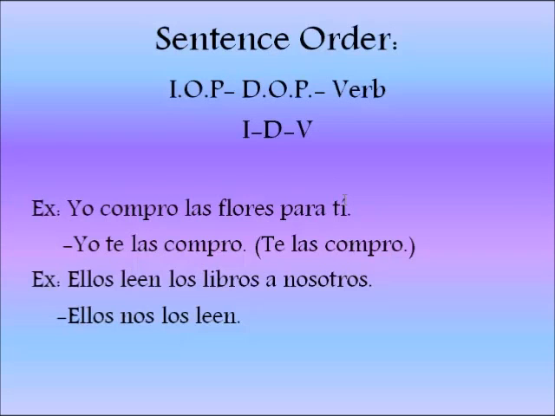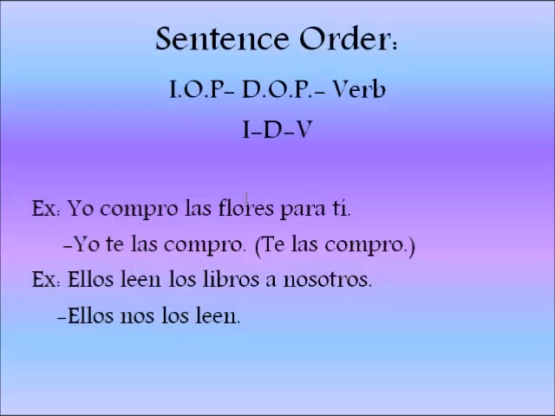So let's talk about that. If we had to have our indirect object come first, ti would be replaced by either me, te, le, nos, or les. That would be te. So we have yo, te. Then we have our direct object pronoun, and that answers the question, what is being bought? Since the flowers are the what, that's our direct object.